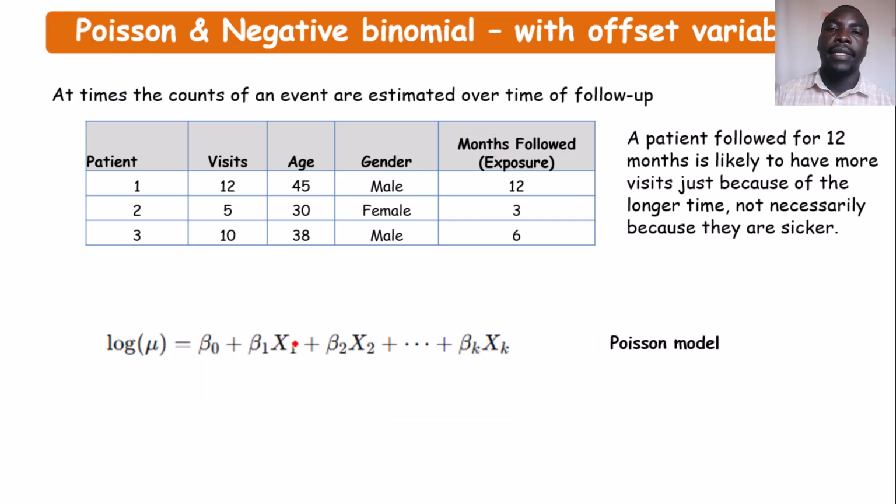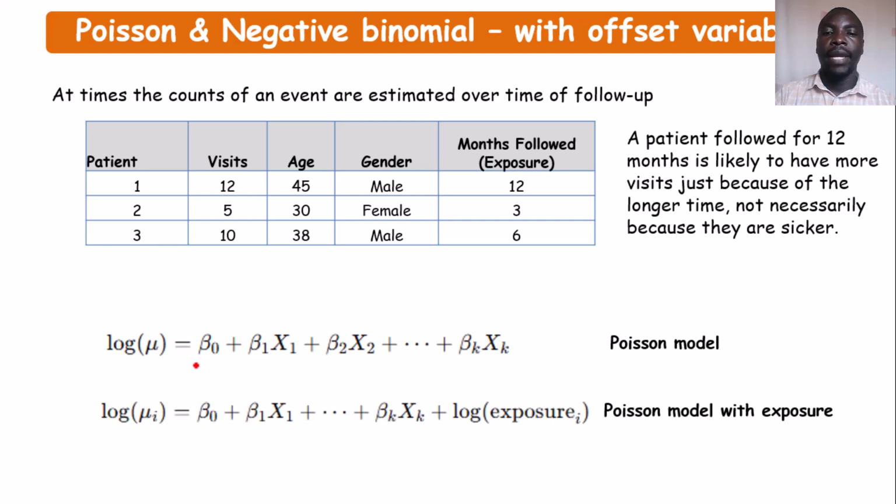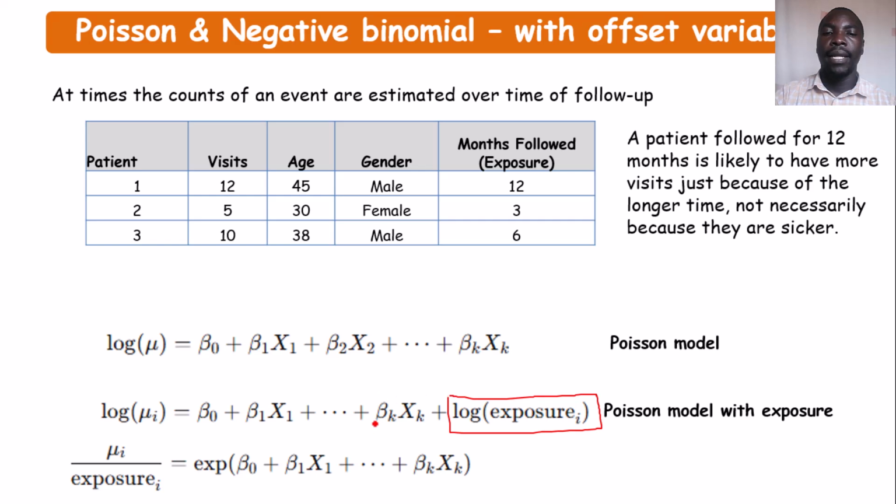To understand the genesis of these offset variables and how we are going to apply them, remember the general formula, which I'm just putting simply. This general formula for Poisson is like this. If we have an exposure variable, there is an exposure variable catered for in that model. If I alternatively write this formula, it will be written in this format.